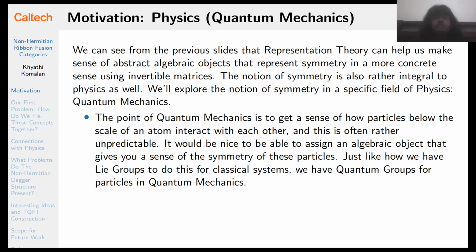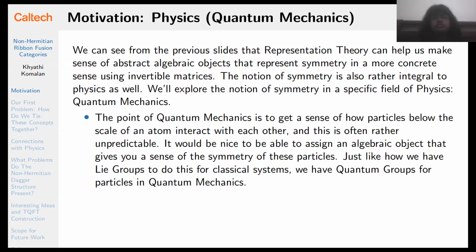The point of quantum mechanics is to understand how things work on the particle scale, like of an atom, and how these things interact with each other, which is sort of unpredictable. So you have a lot of complex systems and complex equations defining each other. So it would be nice to be able to assign an algebraic object and then de-abstract it to get a sense of the symmetry of these particles.